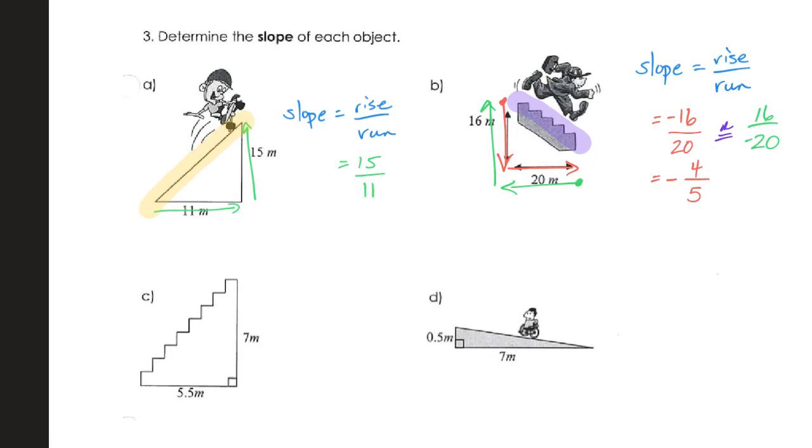So the nice part is, there's no pressure. We're not going to make a mistake if we choose to view a diagram a certain way. But we do have to be conscious of it. I think you are really showing your maturity with the topic if you were to just simply say, okay, I'm going to calculate my slope on B. I know slope is rise over run, so I have a 16 over 20, but I know that my slope is going down to the right, which means it has to be a negative slope.